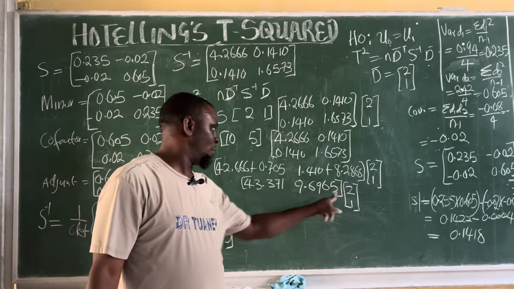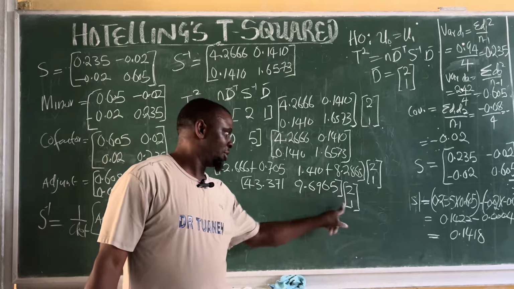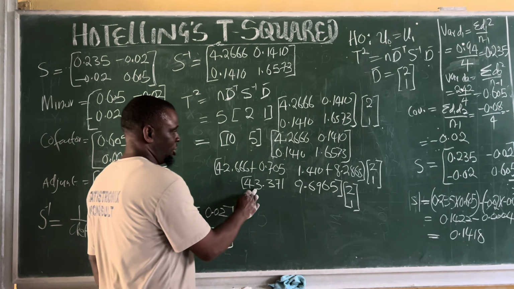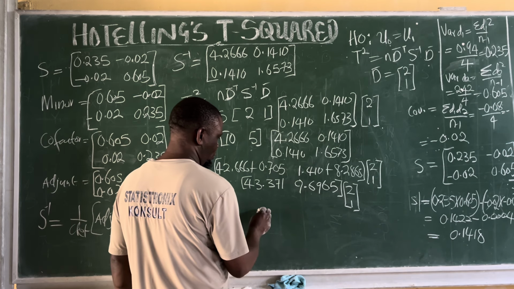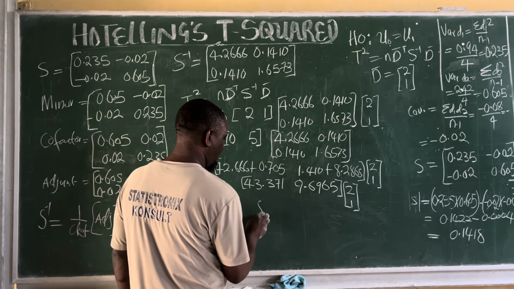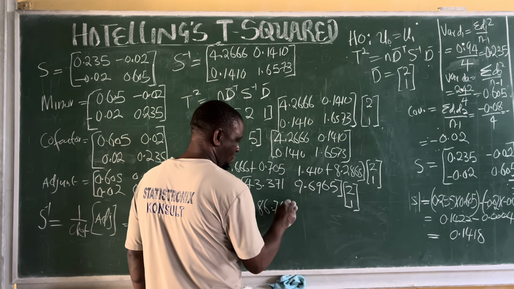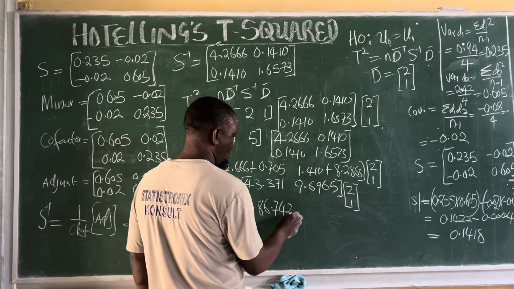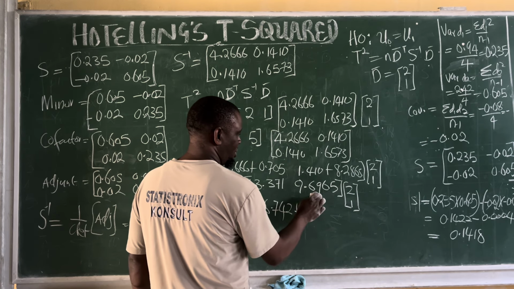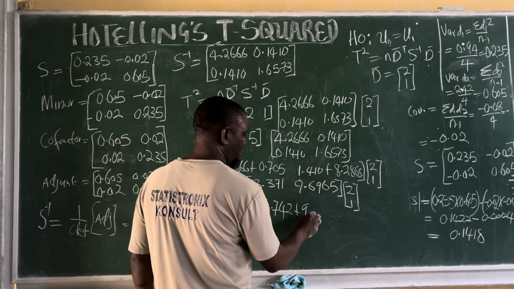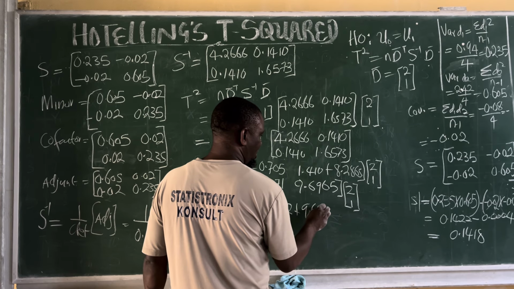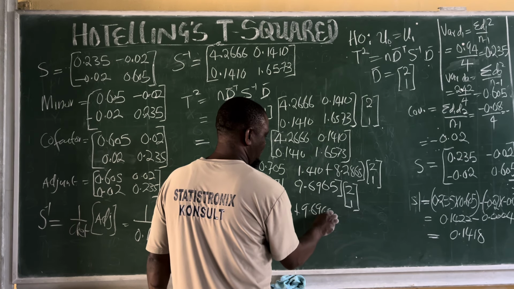This times 2 will be equal to 86.742. Plus this times 1 will be 9.6965.